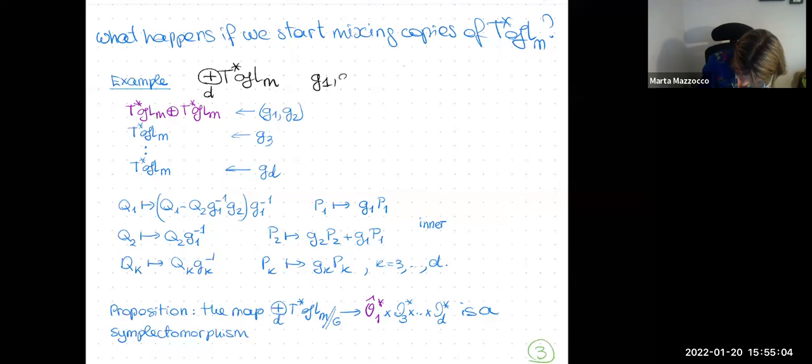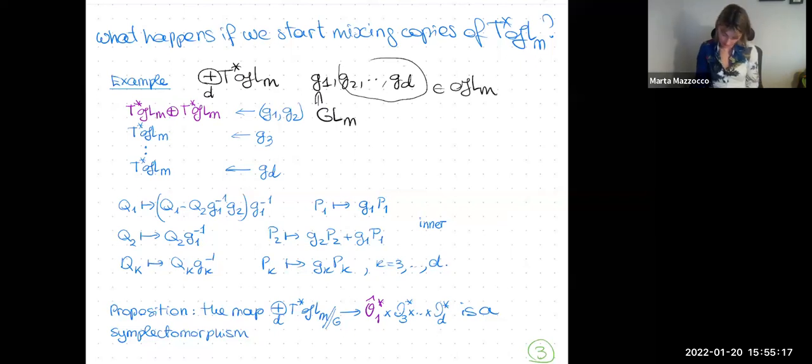For the moment, let me be a bit sloppy. Let me say that G1 belongs to GLM. The others actually we can take in the Lie algebra, but let me be a bit sloppy. So what I'm doing, I will act with G1 and G2 by mixing on the first two copies of this cotangent bundle, and then everybody else is acting on a single copy like before.